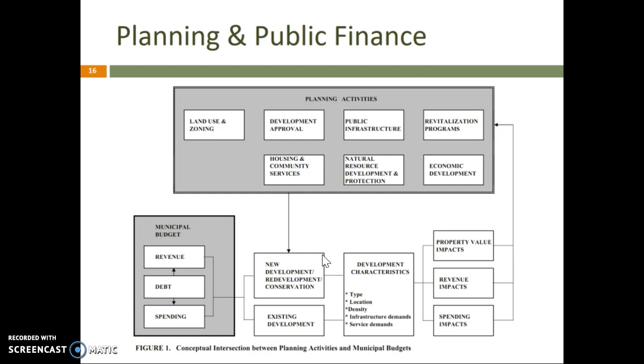Those are the things that are going to have property value impacts, and revenue impacts on property taxes collected by the local government. It's going to impact jobs, which more heavily impacts personal income taxes and corporate income taxes, more at the state level.